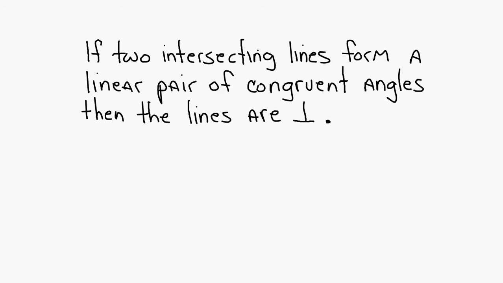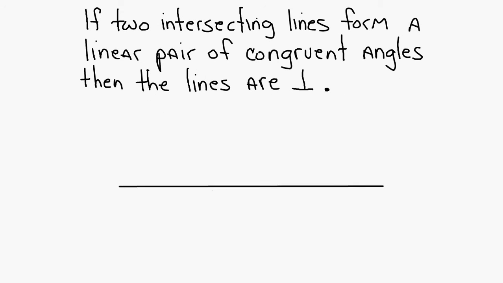So let's draw a picture of this, and it should make some more sense. If two intersecting lines form a linear pair of congruent angles, so watch. Here's two intersecting lines.